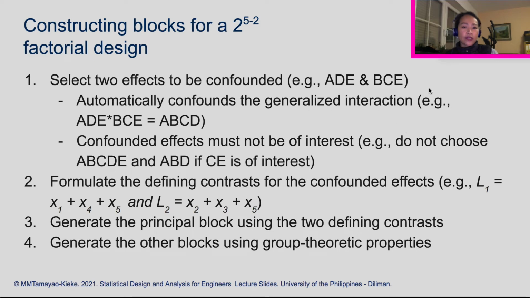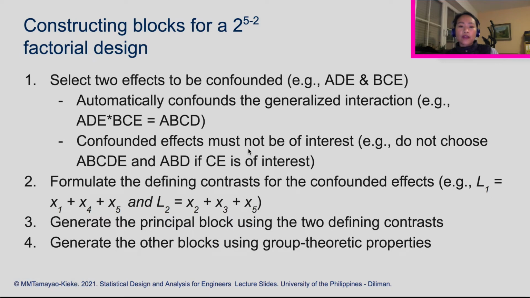The generalized interaction in this case, since we chose ADE and BCE as the 2 effects to be confounded, is basically the product of ADE and BCE, and that would be ABCDE squared. Recall that E squared is just equal to I. So we have ABCD.